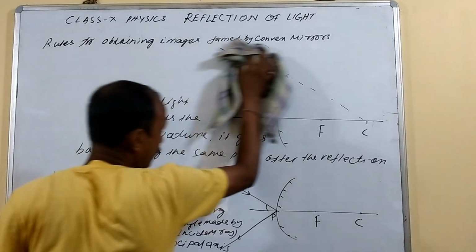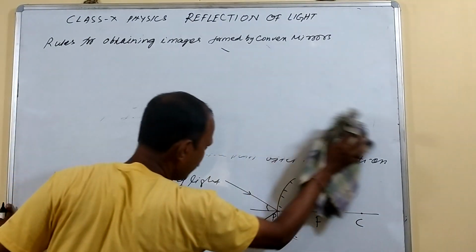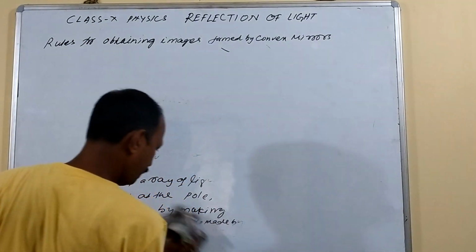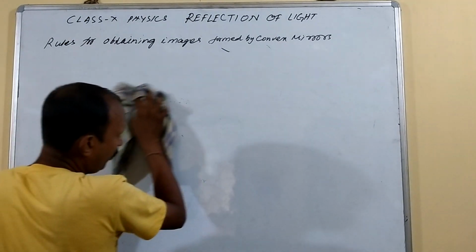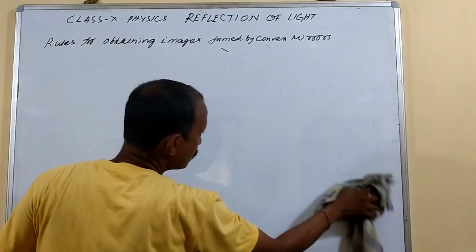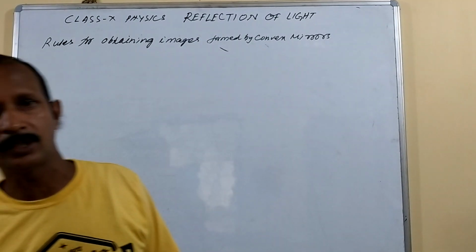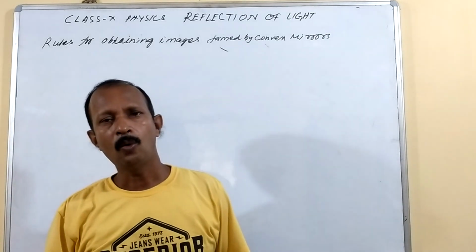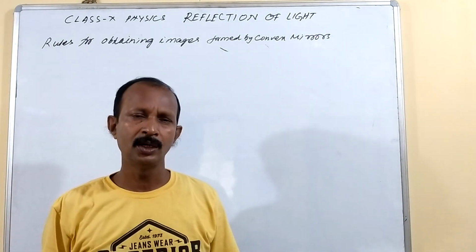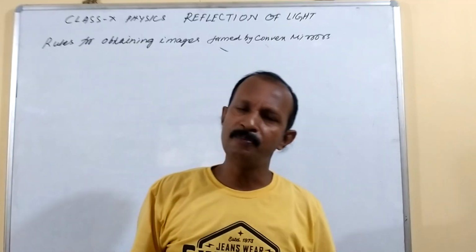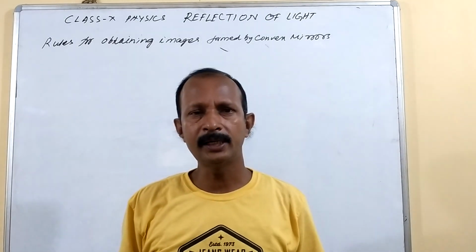So let us start the formation of an image. In case of a concave mirror, I said 6 different positions. But in this case, only 2 positions are enough. What are the 2 positions? One position, the object may be between pole and infinity.